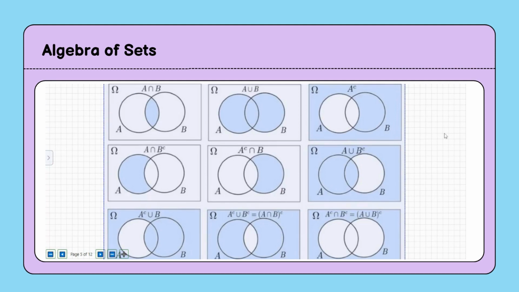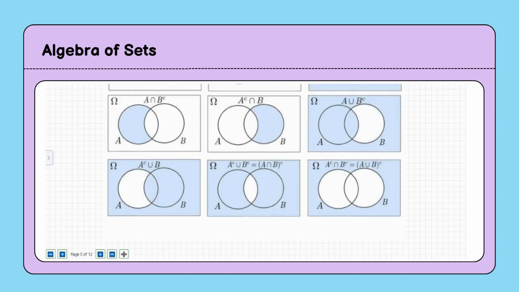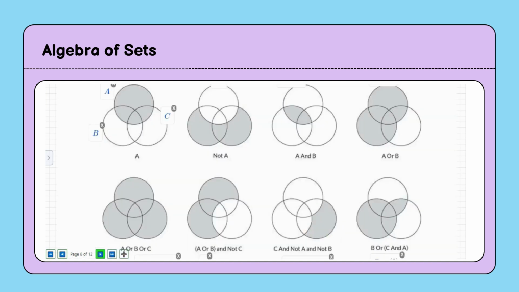All right. Now that we have talked about Venn diagrams and you know what they are, how we draw them, and why we draw them, here are a few examples of very practical Venn diagrams with two sets, A and B. You can see the most important ones here, but the thing I want to talk about is in this slide.